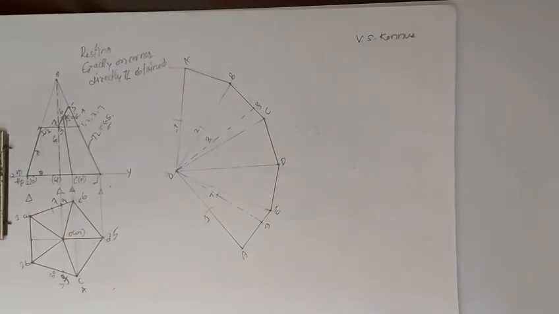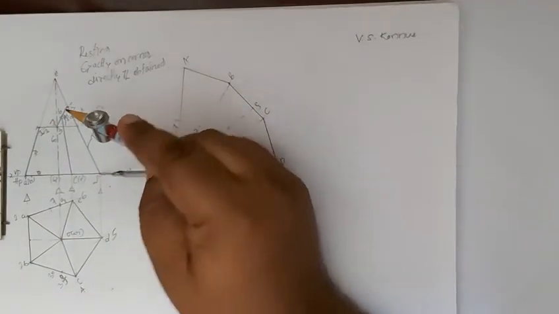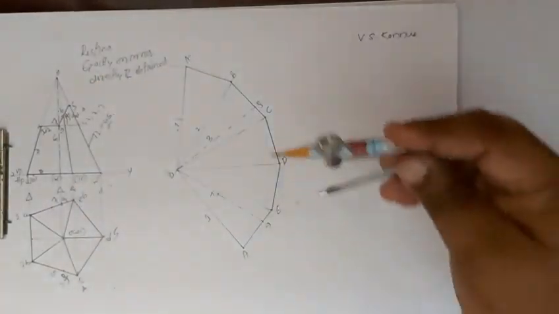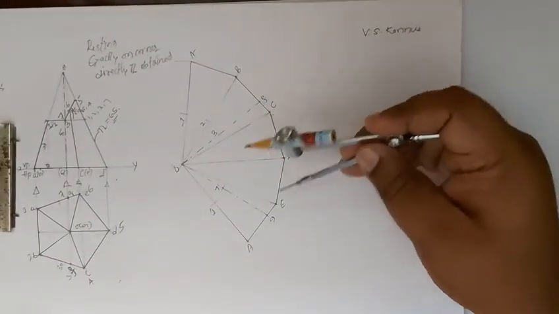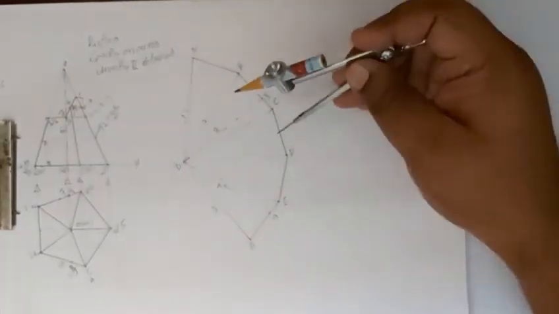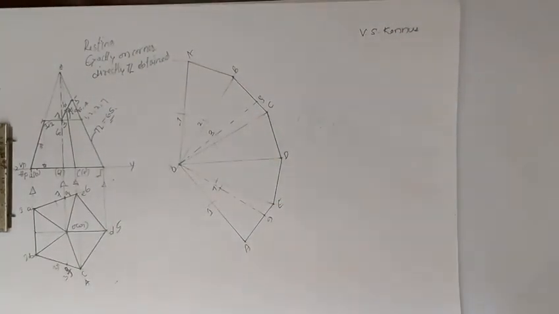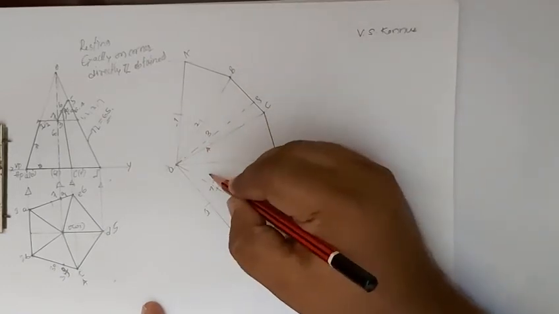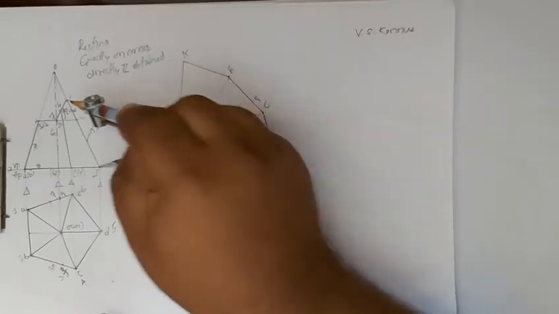Next 3 more points. First we'll take from the base the distances 6 and 4. So 6 and 4 are nothing but C and E. So on E from the base I have taken, C and E. So this is your 4th point, and this point is the 6th point, and one more distance, the 5th, I will take from the base once again.